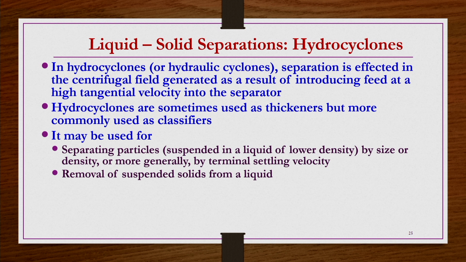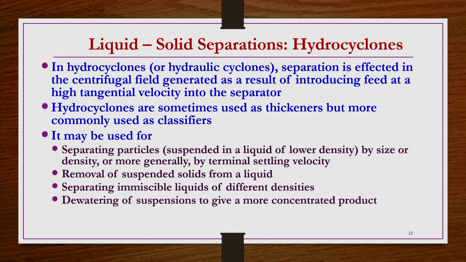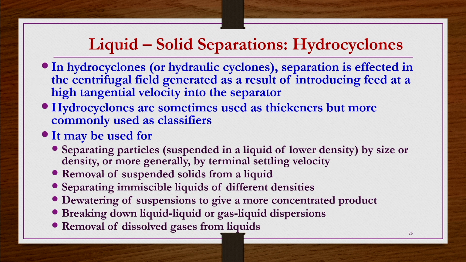They are also used for removal of suspended solids from a liquid, separating immiscible liquids of different densities, and dewatering of suspensions to give a more concentrated product. Sometimes they are used for breaking down liquid or gas-liquid dispersions, and removal of dissolved gases from liquids is also done by these hydrocyclones.